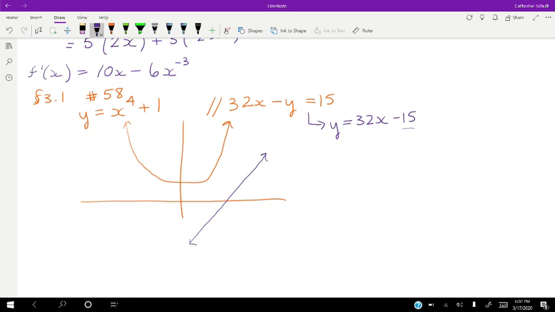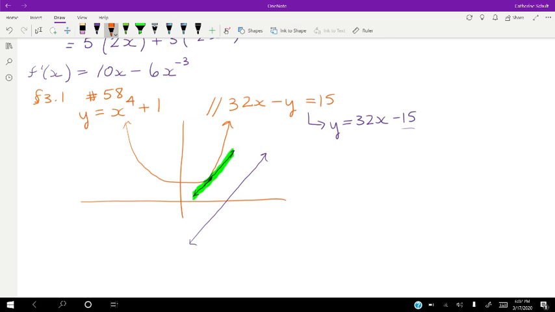So what we're going to do is we have to find the equation of the tangent line that's parallel to this line. So taking this line, we have to find where, I don't know, maybe right there, the rate of change is going to be the same right there. Okay, and I just kind of eyeballed it. So we want to find the equation of that line. Let me highlight it. We want to find the equation of this line.